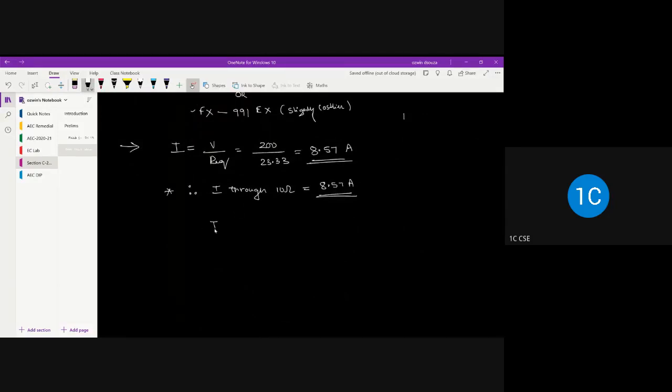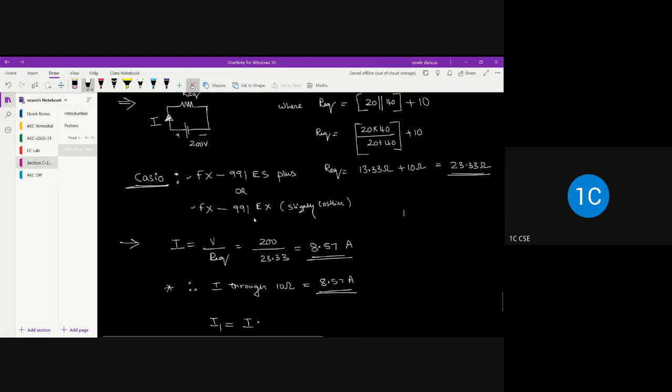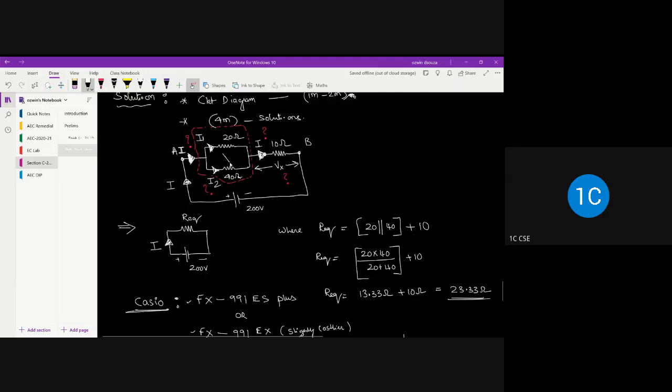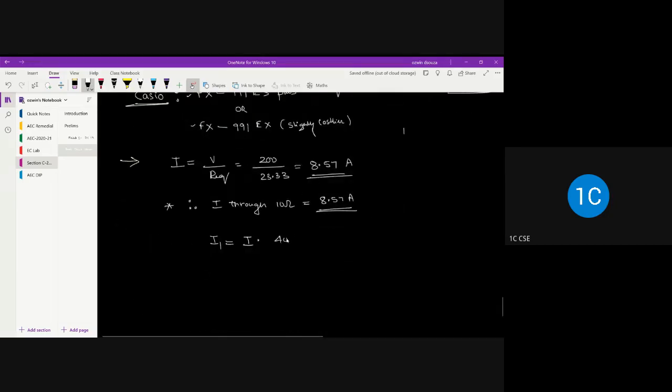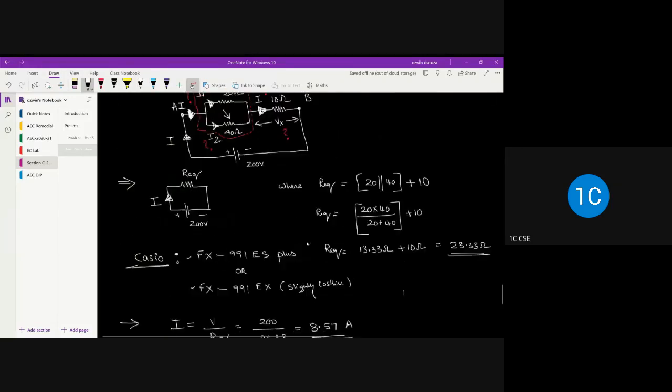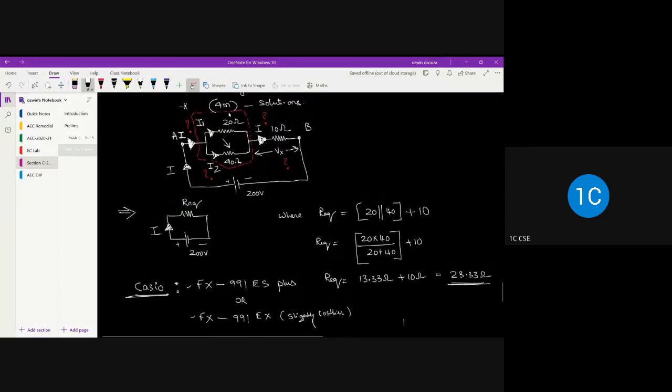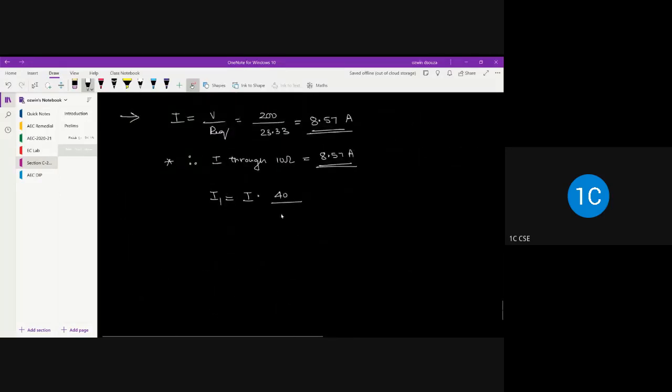the branch current I1 is equal to main current I into opposite branch resistance, what is it? 40 ohm, divided by the sum of the resistances, so what are those? 20 and 40, 20 plus 40.